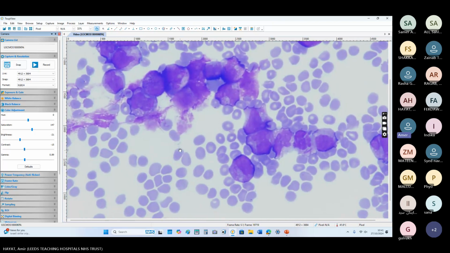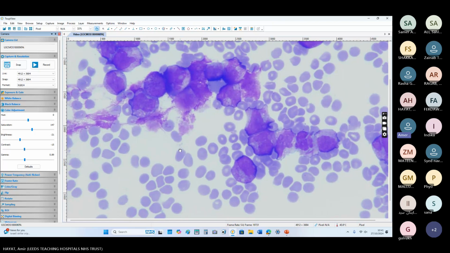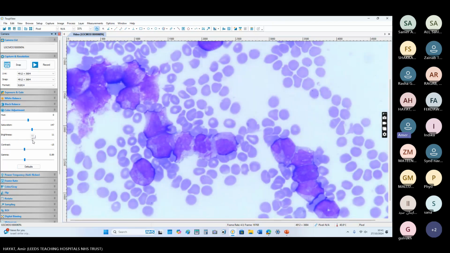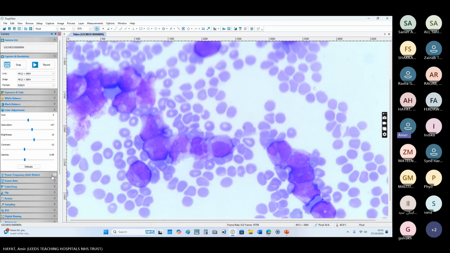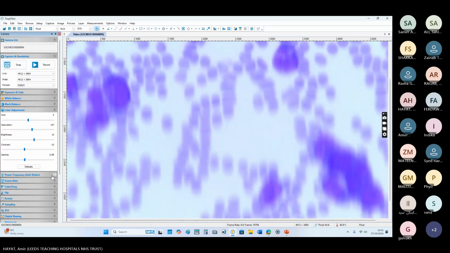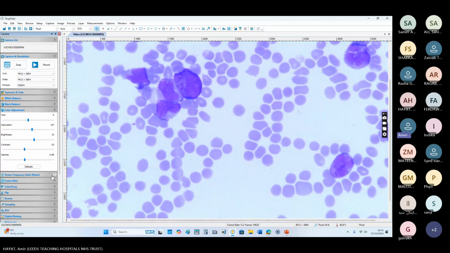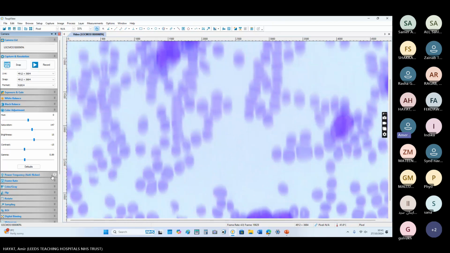But sometimes the APML variant is pancytopenic, and you can miss the APML on blood film. So yes, this patient has epistaxis and bruising.